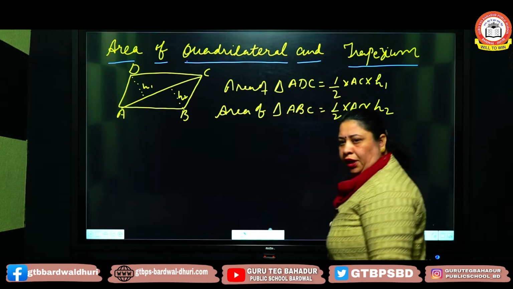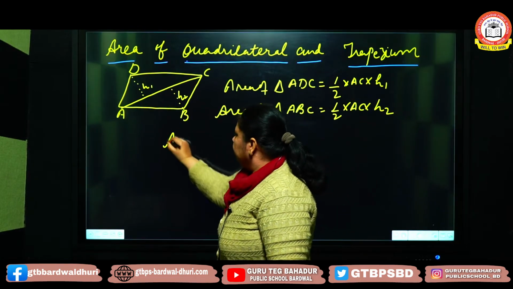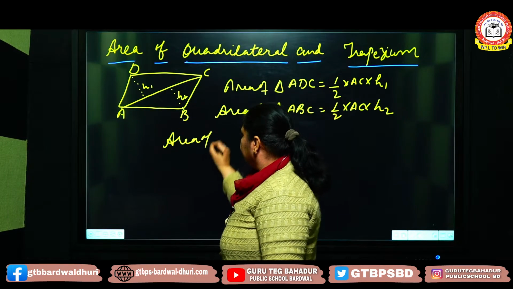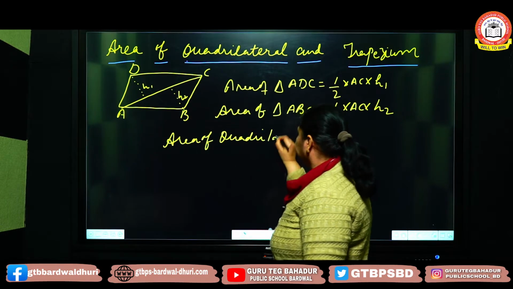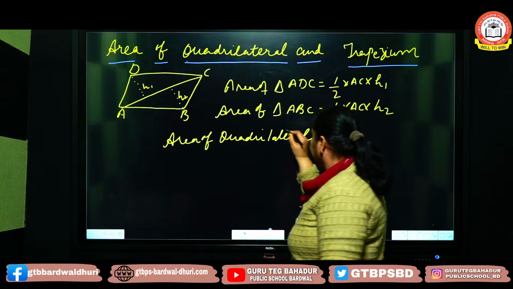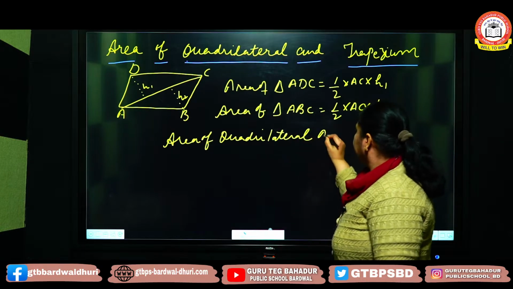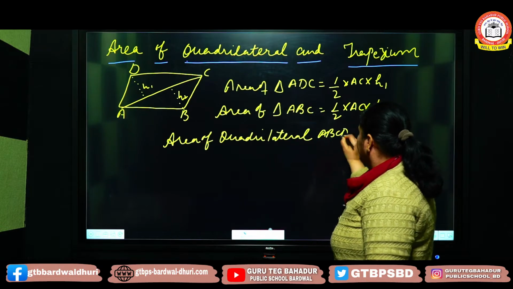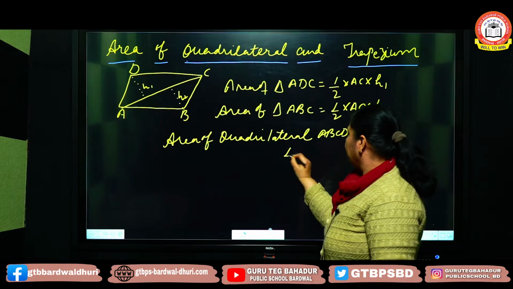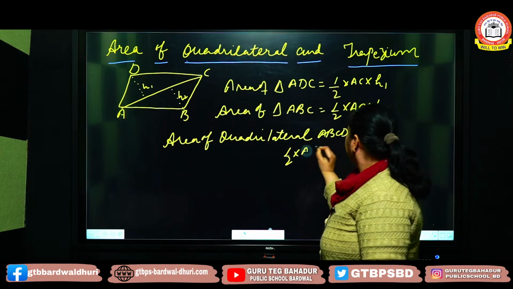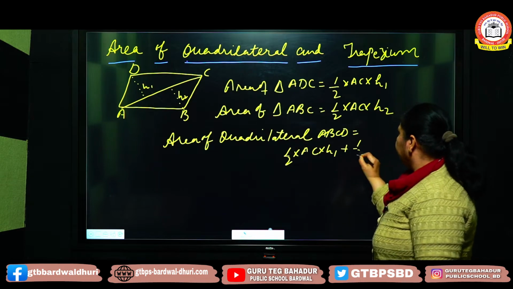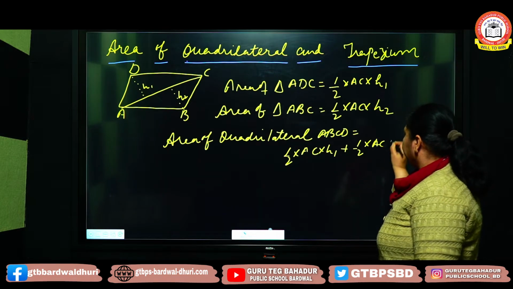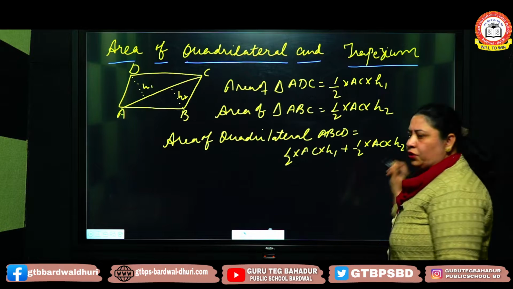I will add both areas. It is equal to half into AC into H1, the first triangle, and half into AC into H2, the second triangle.